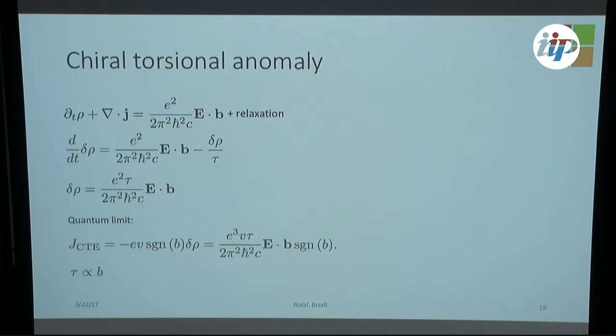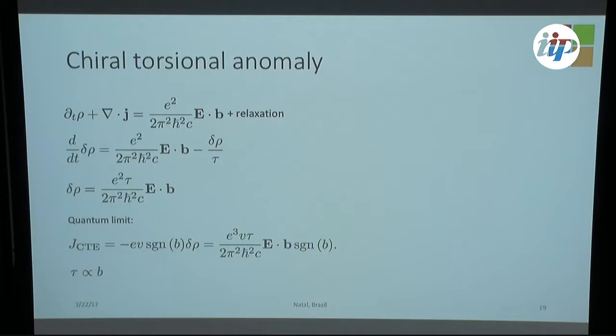Then we assume some tau scattering time between the counter-propagating states in this system, and one then gets a change of density in the bulk.